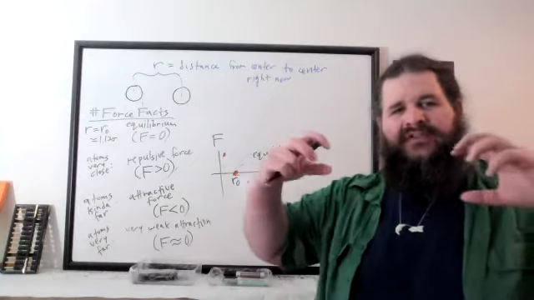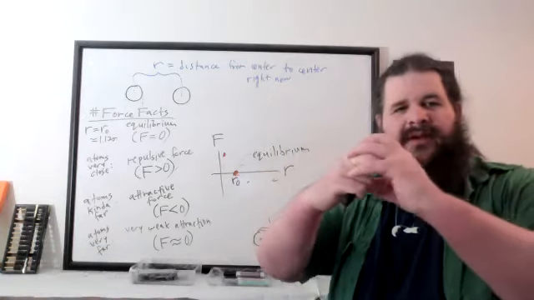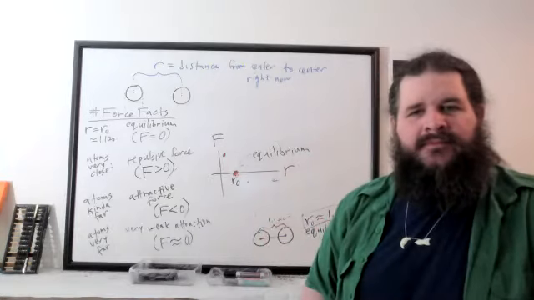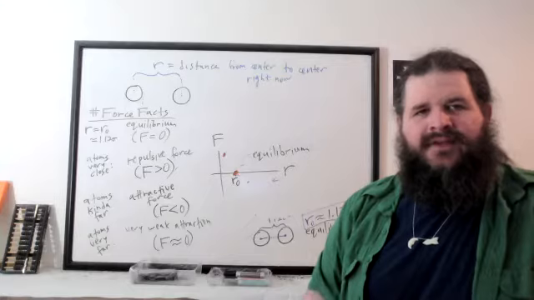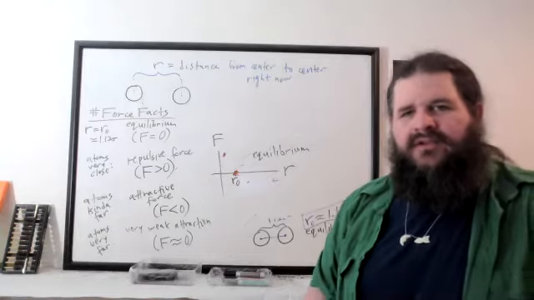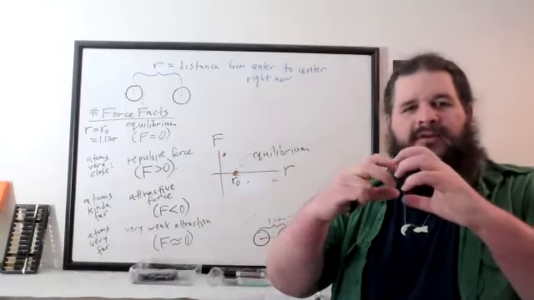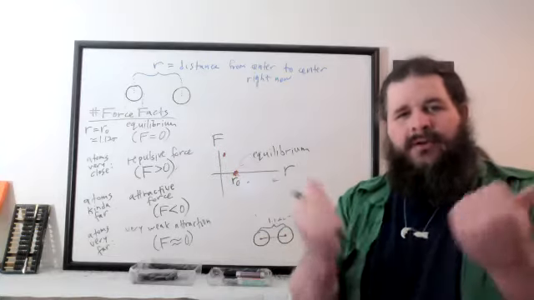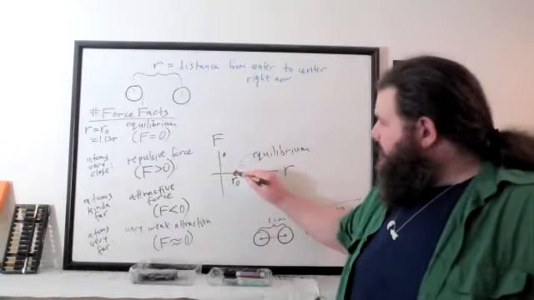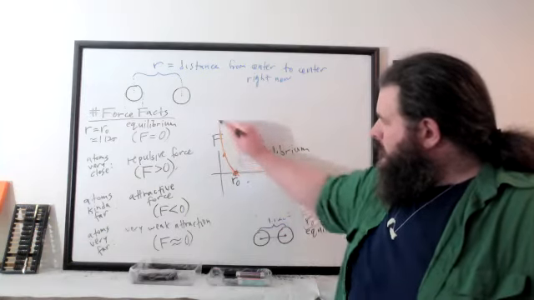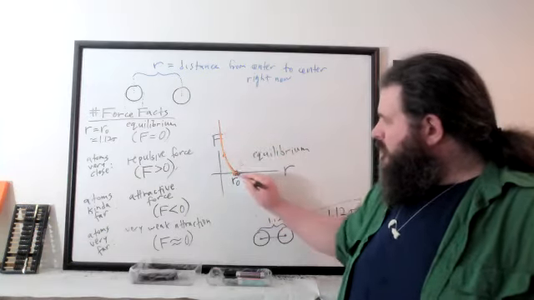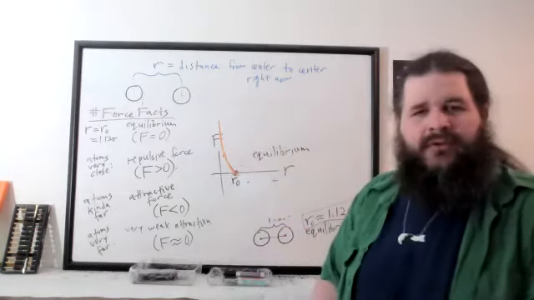Could you actually push the atoms so close that their distance becomes zero? No, that's not possible. Because the closer you push them, the harder the pushback becomes, the stronger the repulsive force becomes. So we're actually going to get an asymptote here. The closer they get, the stronger the repulsive force becomes.